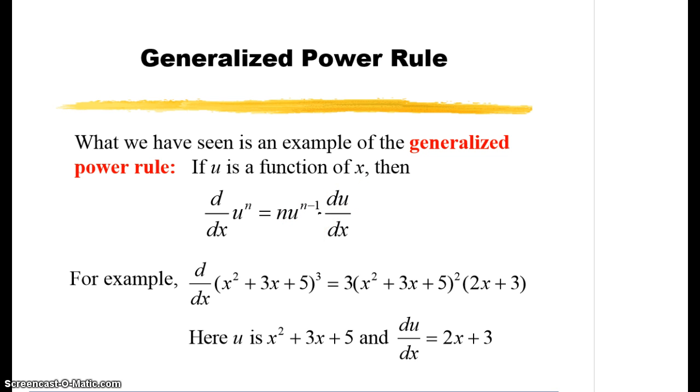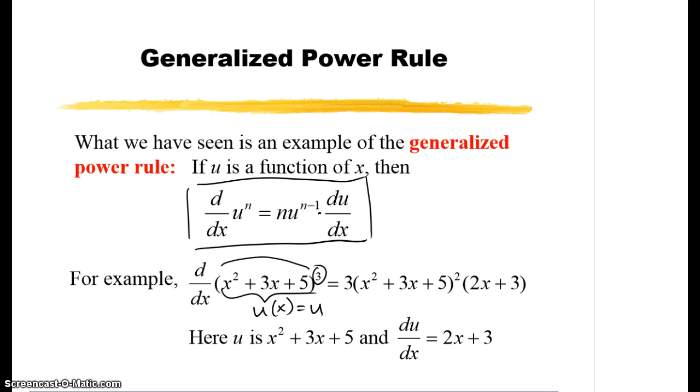As a quick example, consider taking the derivative with respect to x of x squared plus 3x plus 5, the quantity cubed. Treat this as your u of x, or simply u. According to the generalized power rule, the derivative must be the power brought down and made a multiple, 3. You keep the base the same, just like before, u, and u is now a function of x.